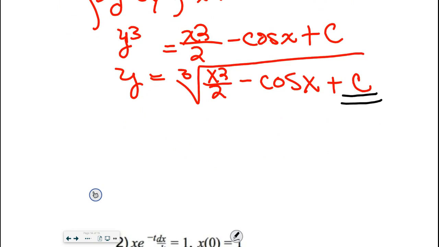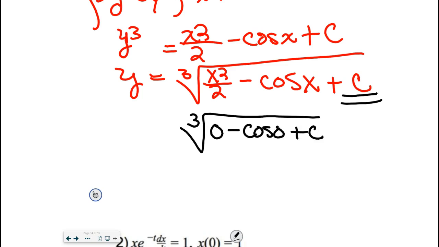What that means is I need to figure out what c is. Does that make sense? How do I figure that out? I put in a 0 for the x and I solve for c. I said 0 in for x has to spit out a 1. So then I would get 1 is equal to the cubed root, right?